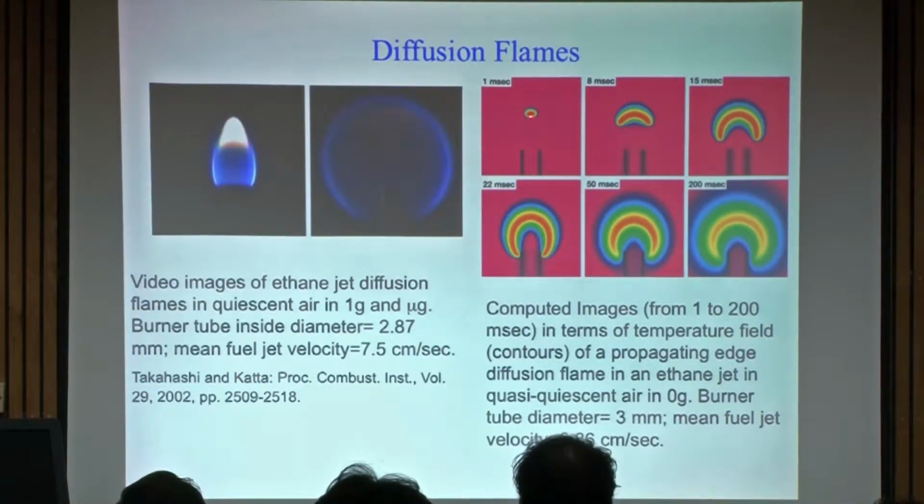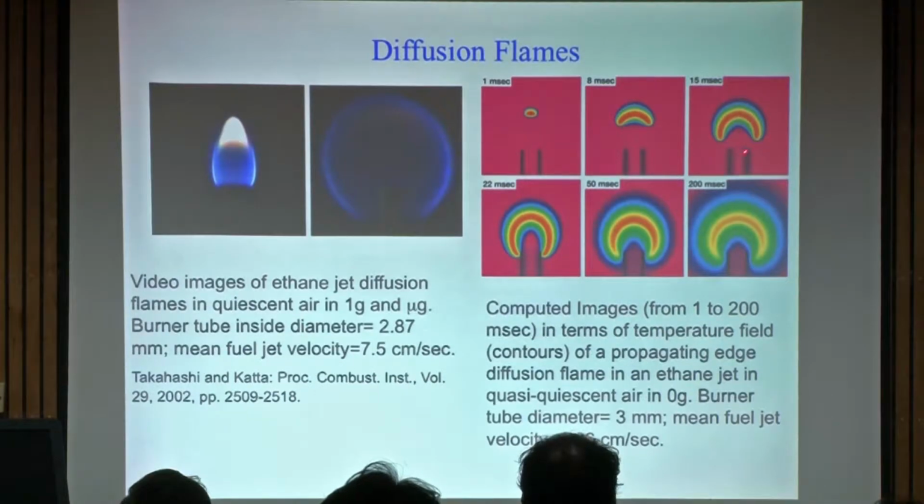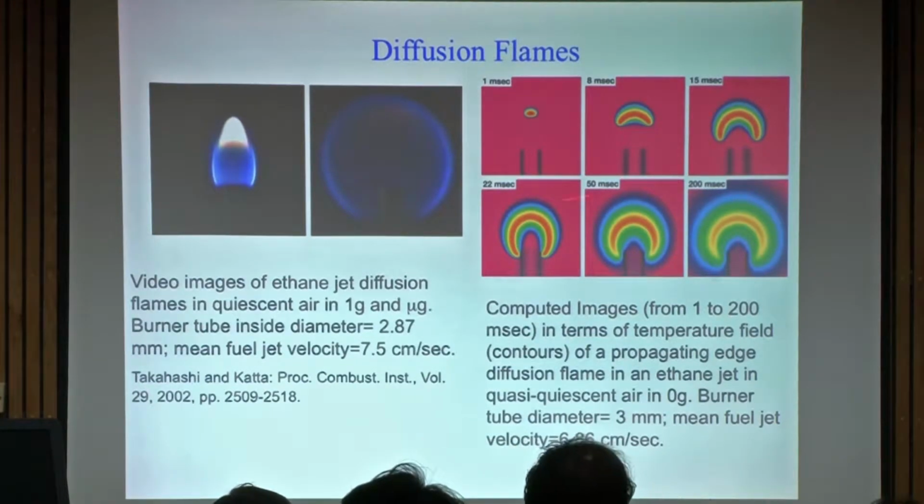And what they were doing there was, they had the fuel jet coming out here, in quiescent air, and then they ignite this mixture somewhere here. So the fuel jet is flowing up. So they ignite, then a flame or the ignition kernel is formed, and it expands, and finally you get a flame which looks like this.